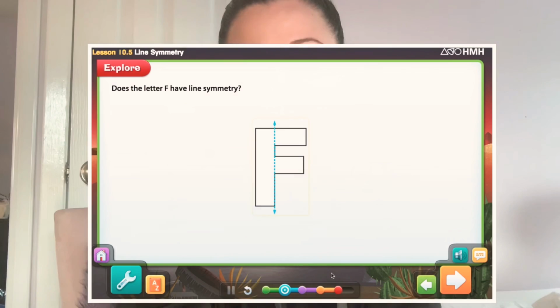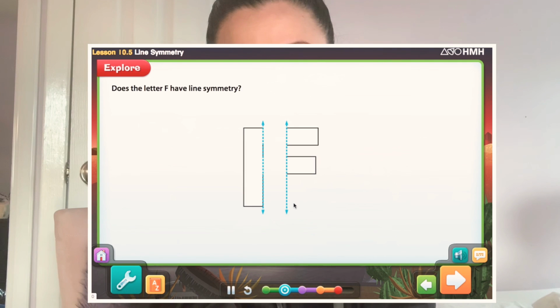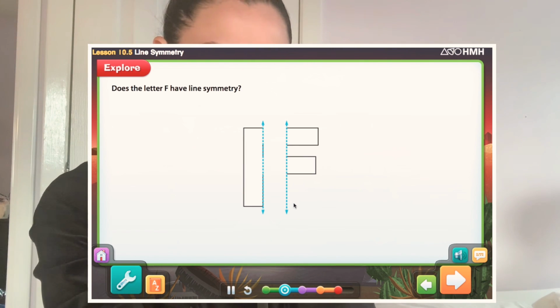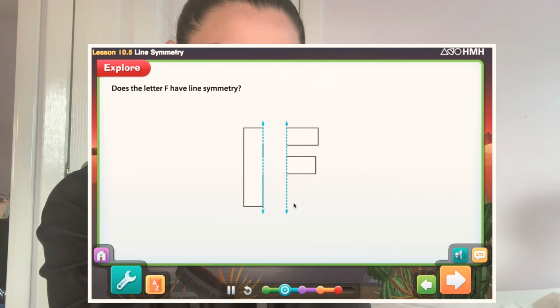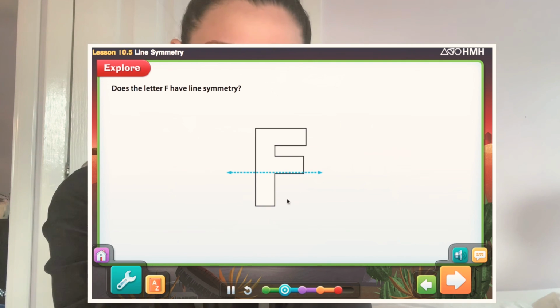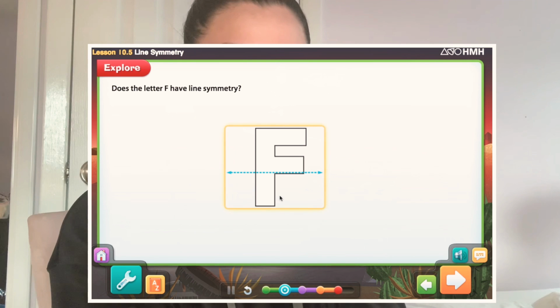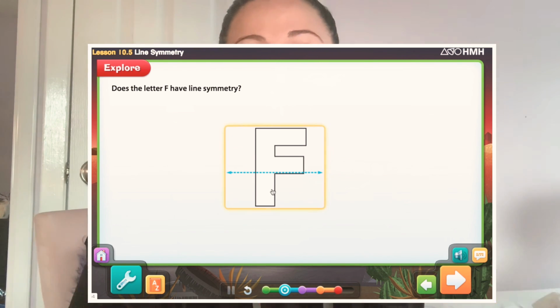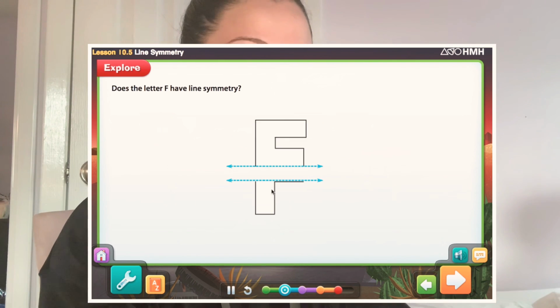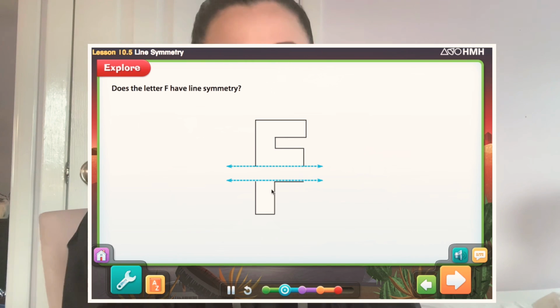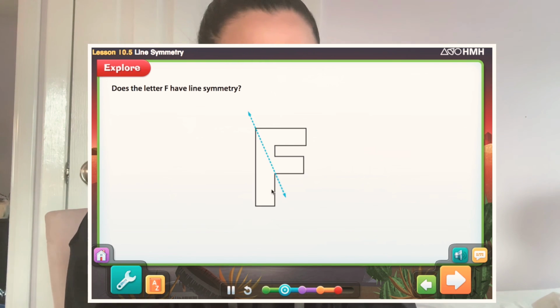Does the letter F have line symmetry? What do you need to do to find out if a letter or a figure has line symmetry? Right, you need to see if both sides match. So let's take a look at the letter F. Vertically does not have matching sides. What if we did it horizontally?